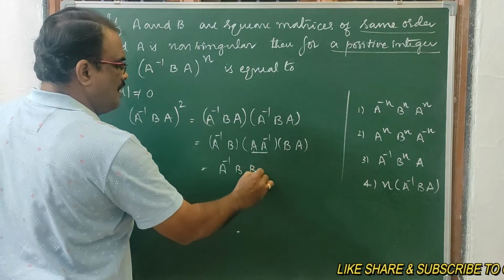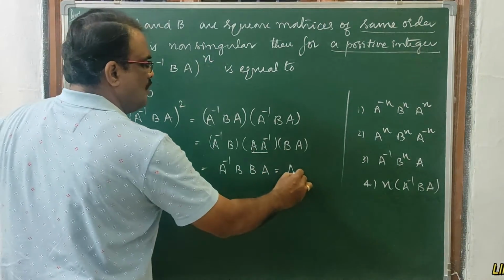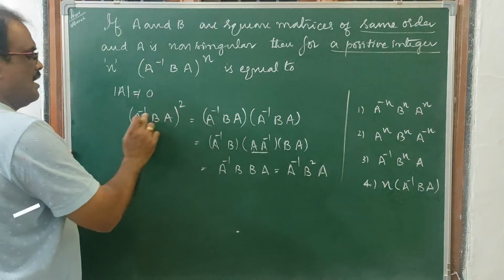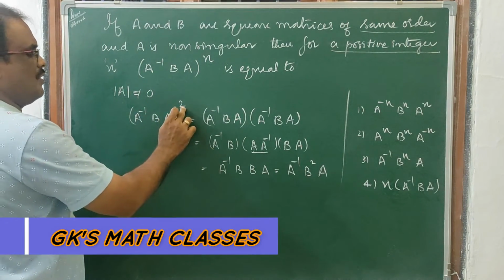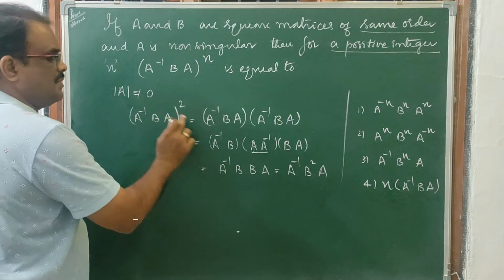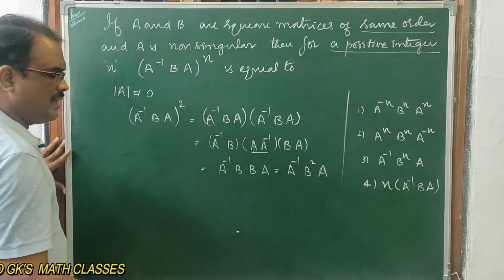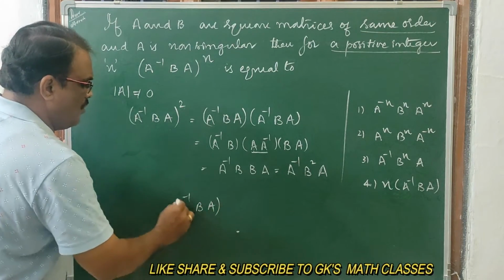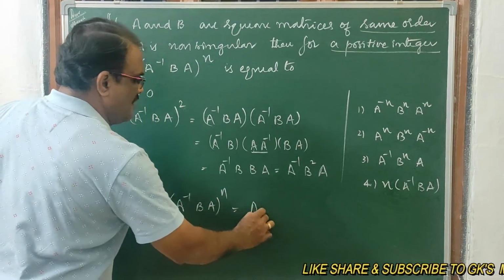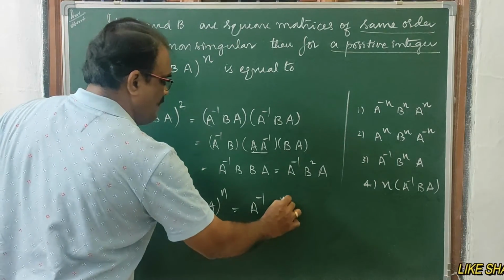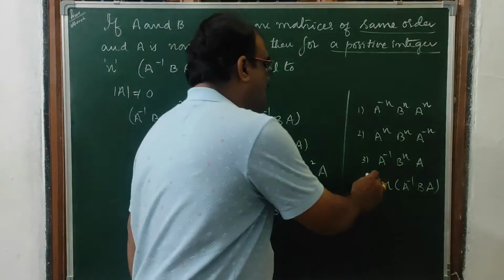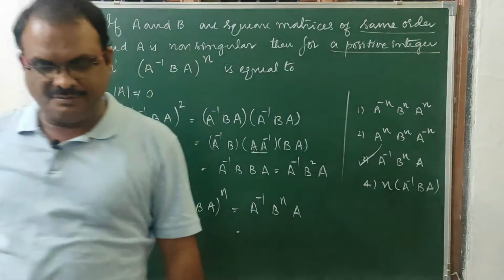Into B you have BA. So A inverse B square A. See here, A inverse BA whole square, A inverse B square A. If by induction A inverse BA whole power n, we can write A inverse B power n A. A inverse B power n A is third choice.